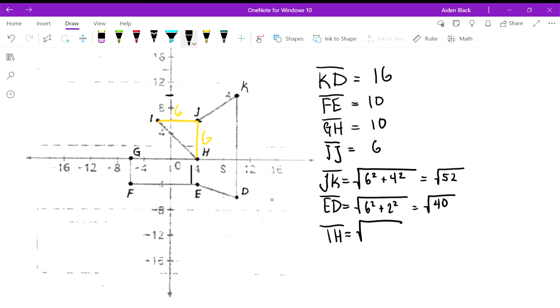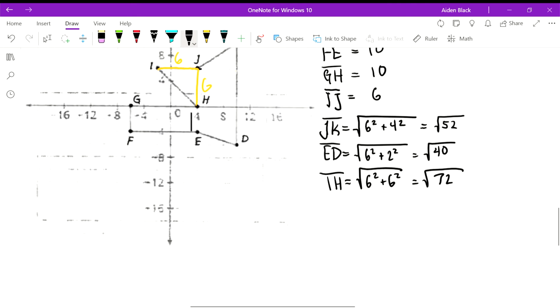So we're using those numbers, right? A squared plus B squared. 6 squared plus 6 squared. This is going to give us 36 plus 36, 72. All right, that's every side.